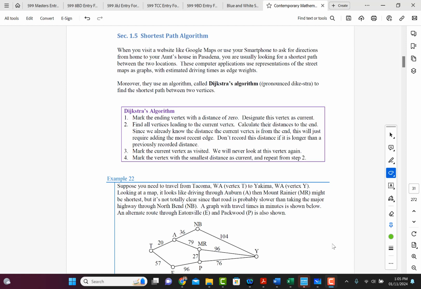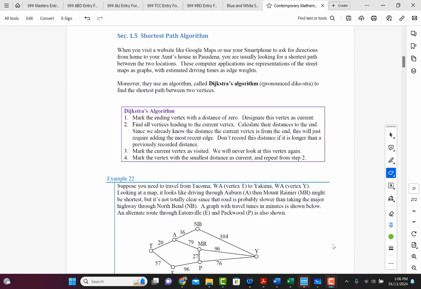So here's how Dijkstra's algorithm works. 1. Mark the ending vertex with a distance of 0. Designate this vertex as what we call current. 2. Find all vertices leading to the current vertex. Calculate their distances to the end. Since we already know the distance the current vertex is from the end, this will just require adding the most recent edge.